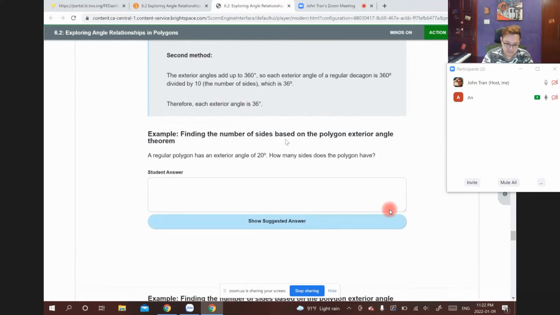I'm finding the number of sides based on the polygon exterior angle.